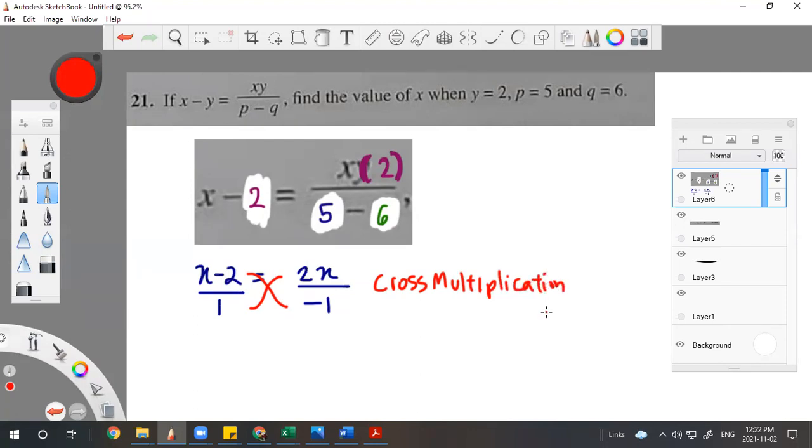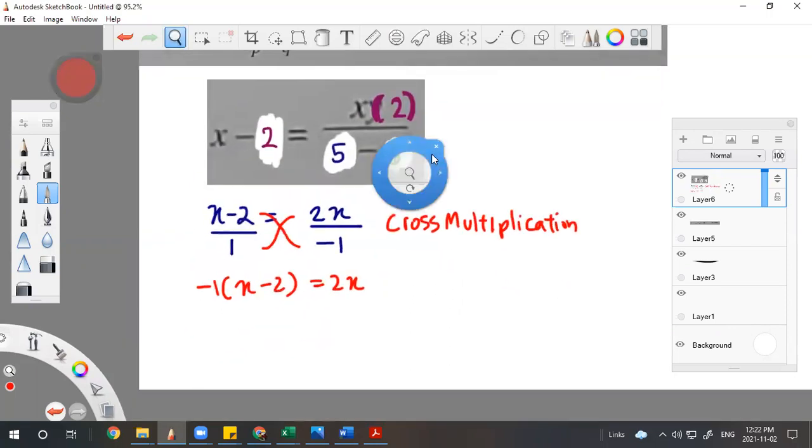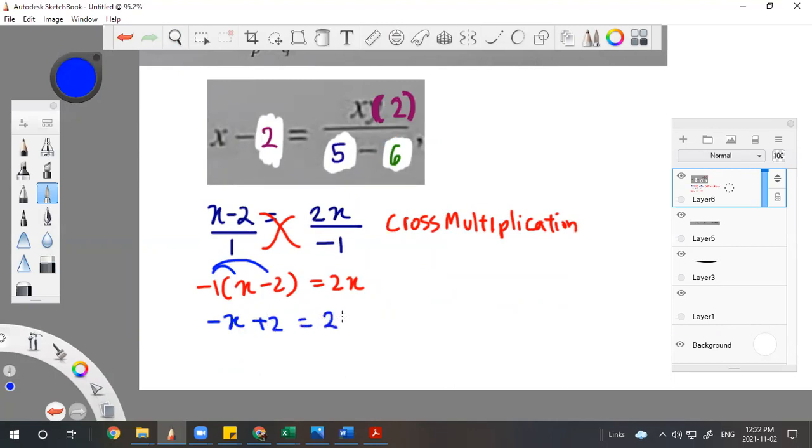Okay, or cross multiply. So negative 1 times x minus 2 equals 2x times 1. Times 1 can be ignored because anything times 1 is the number itself. Unless negative, kalau negatif, you harus ganti sign-nya semuanya. Negative x plus 2, right? Rainbow, as usual, 2x. And put every unknown, every variable, to the left side.